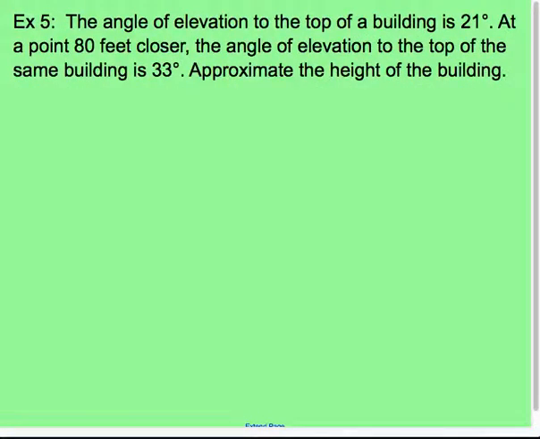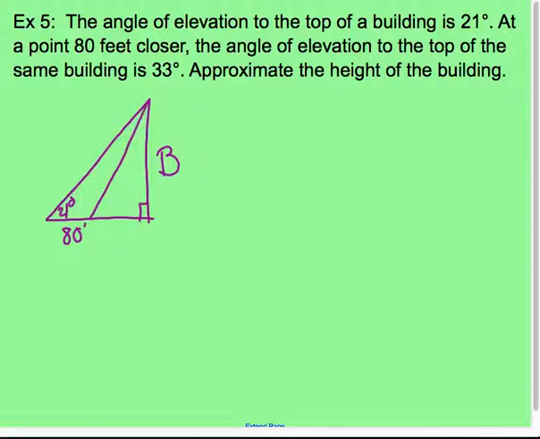All right, last example. The angle of elevation to the top of a building is 21 degrees. So here's my building. It said at a point 80 feet closer. So as I walk 80 feet closer and look to the top of the building, my next angle of elevation is 33 degrees.